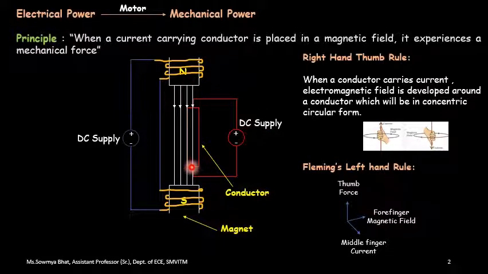So the flux produced by the current carrying conductor is one flux, and this main flux produced by the electromagnet is the other flux. So there is a contribution of two distinct types of fluxes over here. Whenever there is an interaction of two distinct types of fluxes, there will be some effect which we are going to study further.